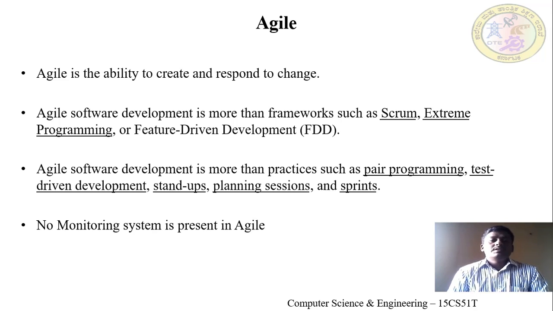So in agile, if you have more modifications, they go for this framework, right? One drawback of agile is that there is no monitoring system present in agile. Once you deploy it, then it is finished, right? There is no monitoring system in agile.